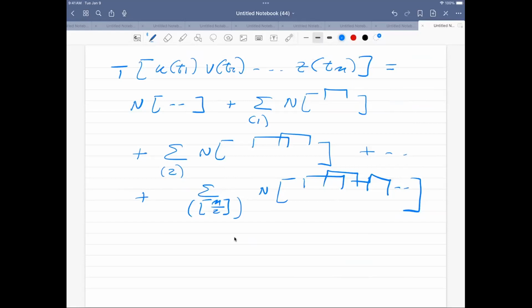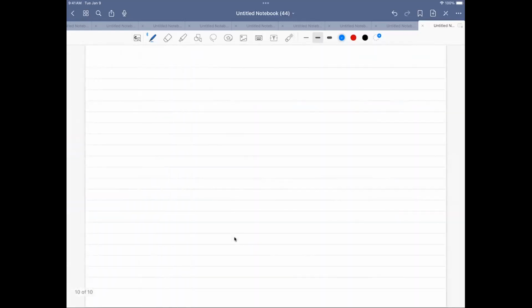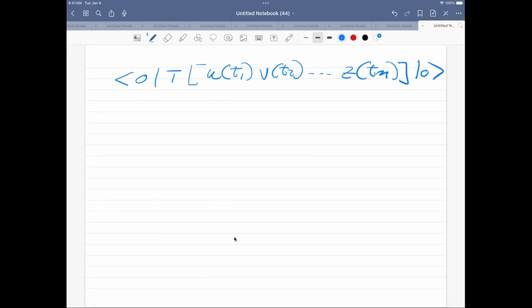So that means that when we are calculating everything, what we have is that the time-ordered expectation value of all these operators, Z of T of N, 0, is actually going to be given by the following.